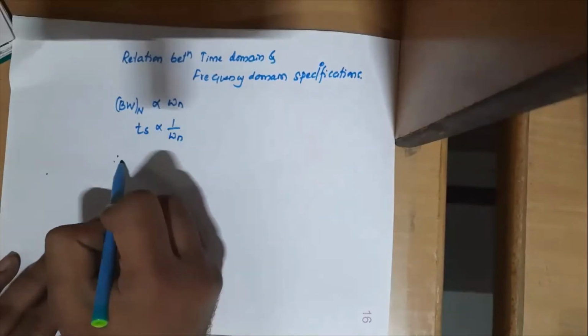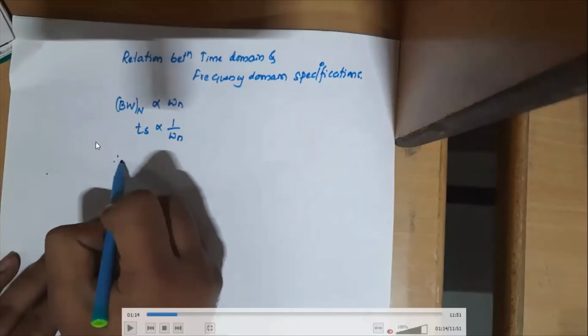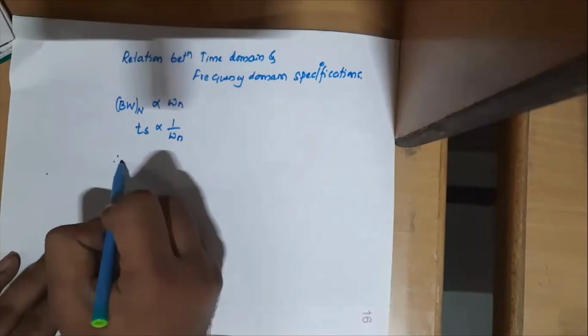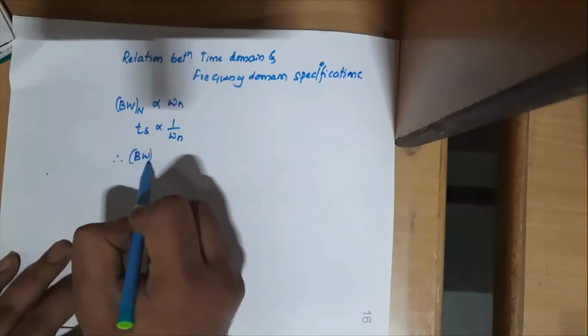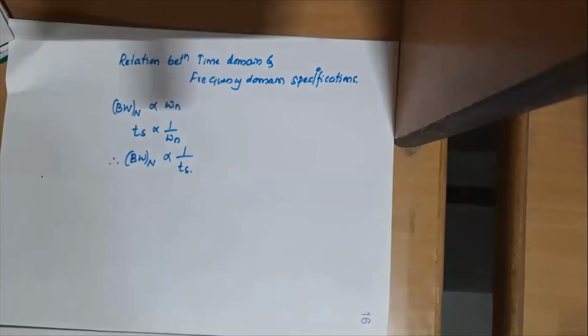The normalized bandwidth is proportional to omega n, whereas the settling time is inversely proportional to omega n. So bandwidth and settling time are inversely proportional. If settling time is high, then bandwidth is low, or if bandwidth is high, settling time is low. That is one of the relations you can make out.